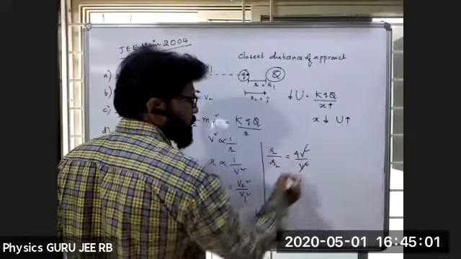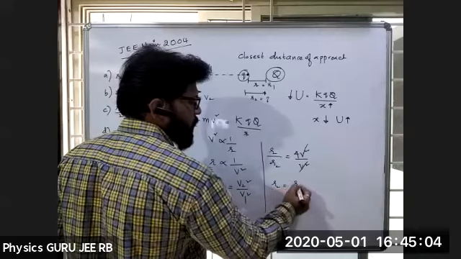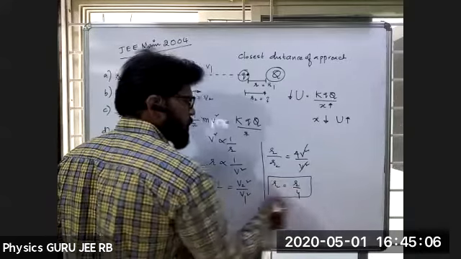These two get cancelled. R2 equals R by 4 will be the answer.